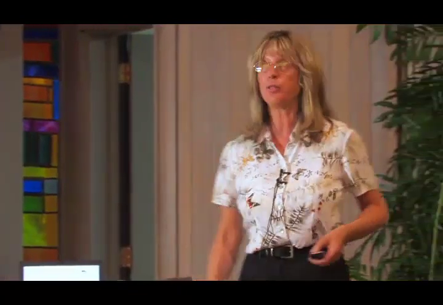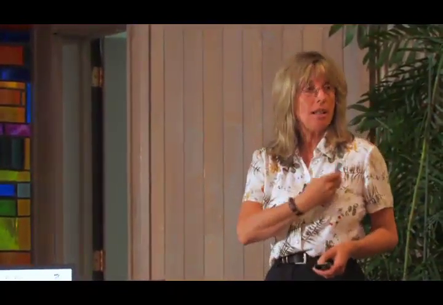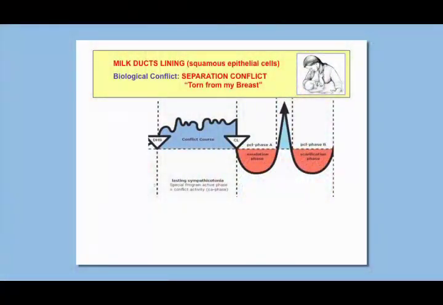And Dr. Hamer found that we women, or our breast, respond the same way if we experience a conflict that a child, our mother, a partner, a spouse, a sibling, or a dear friend was torn from our breast.